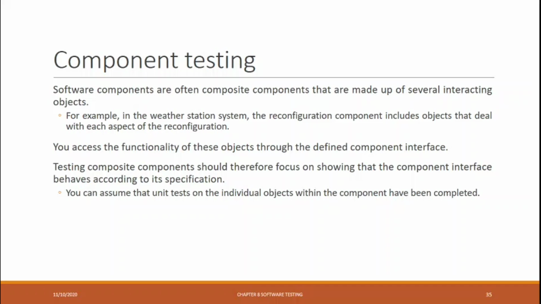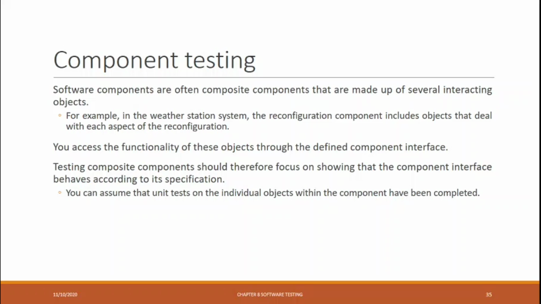You access the functionality of objects through the defined component interfaces. So to access the objects of different components, there should be interfaces from one component to the other, so that we can access the objects easily.